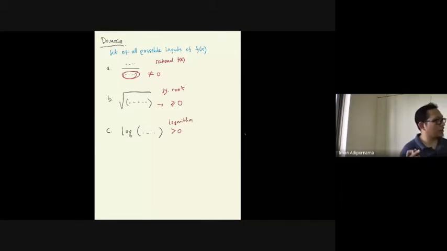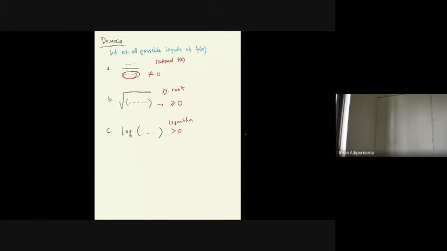Okay, I think these three include all the domain problems, mostly in math. The rest, you just write the domain is all real numbers. But be careful: in domain, you can also mix and match all these problems. So maybe a rational function with other functions at the bottom is also possible, and also log with a square root or some equation inside is also possible.